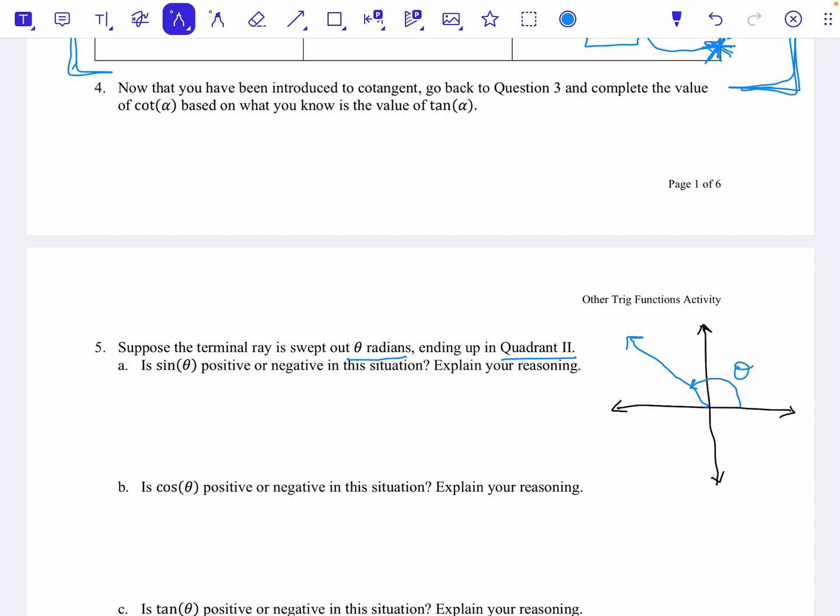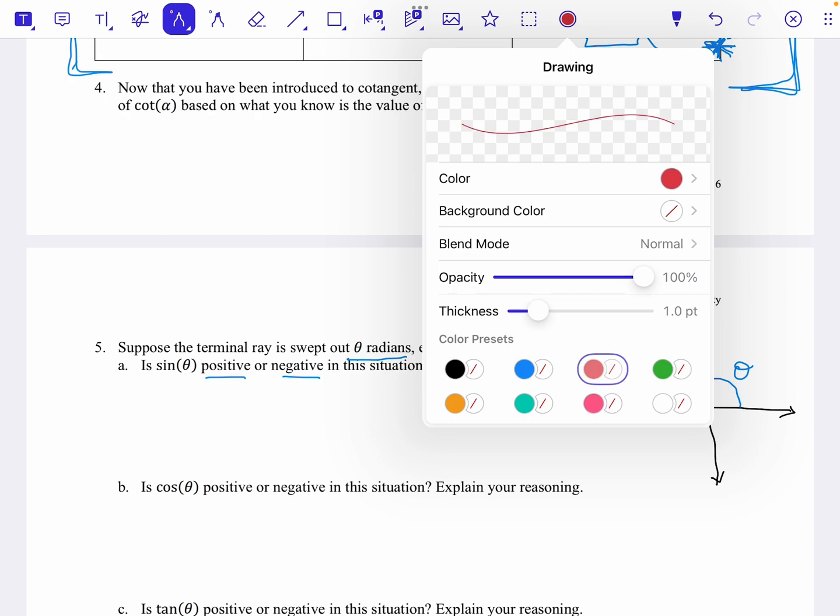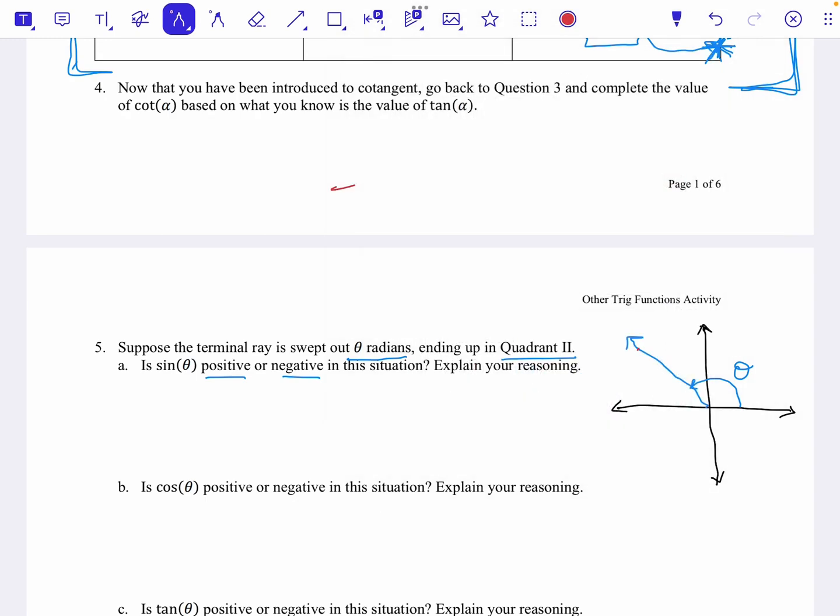Now, if I were finding sine of theta, is this positive or negative, and how do we know? This is a little bit of review from some of our previous units. Remember, sine is giving us our vertical distance, measured in radius lengths. In this case, we're going above our horizontal axis, so sine is going to be a positive value.